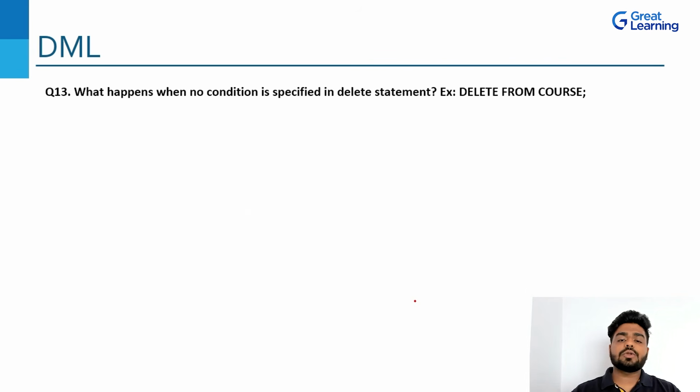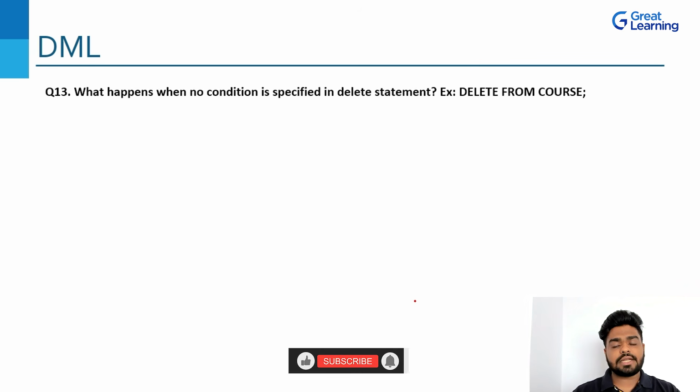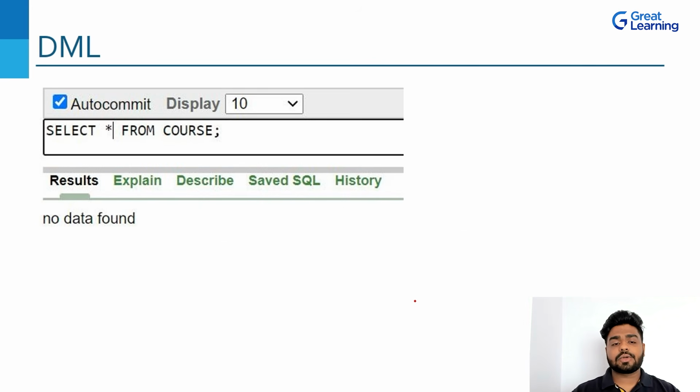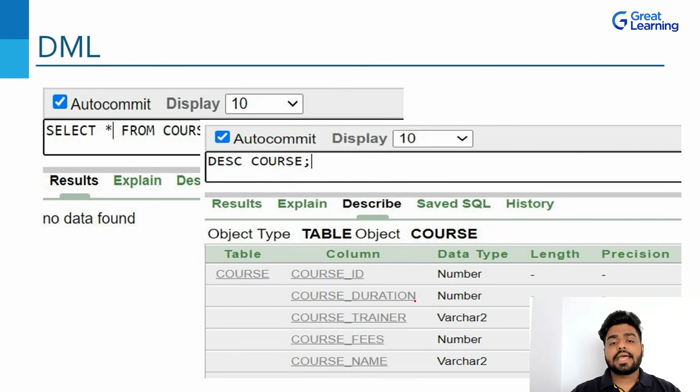Next, what happens when no condition is specified in the delete statement? Example, delete from course. Let's say I'm just putting delete from course. So everything will be deleted. That means every data will be deleted. Okay, so if I write select star from course, it says no data found. And if I want to see the description of the course, it is having this structure.